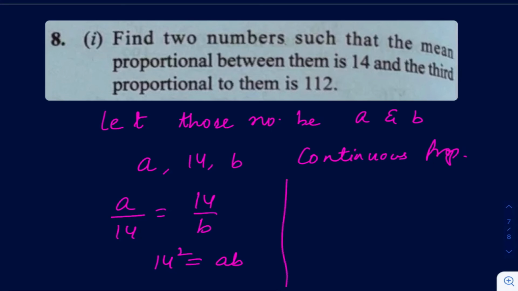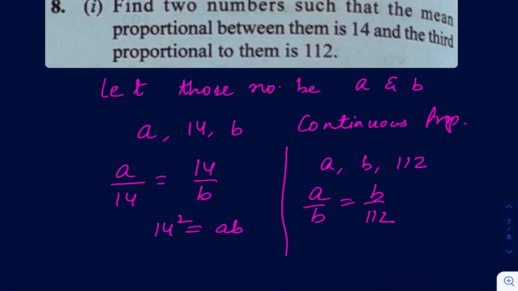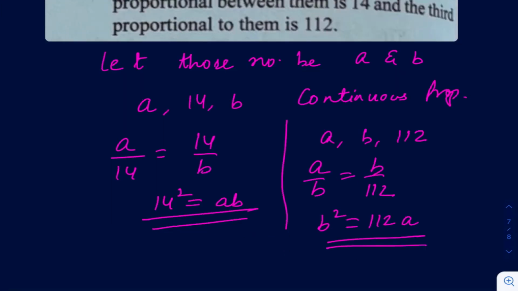So now if they are asking third proportion to 112, it means A, B and the third number you have to take 112. So in the same way, A upon B equals B upon 112, or you can say B square equals 112 into A. Now after you solve them simultaneously, you get A equals 7 and B equals 28.